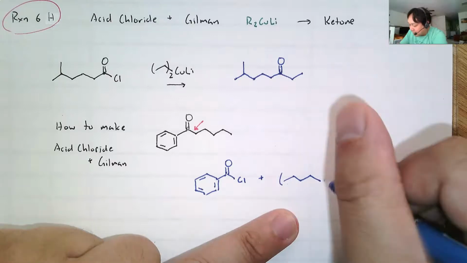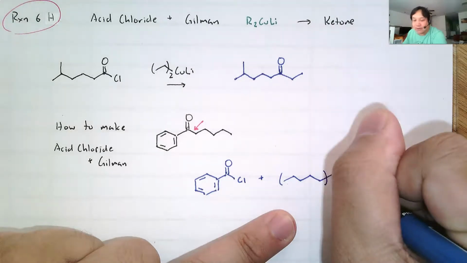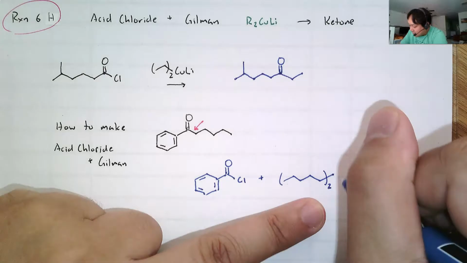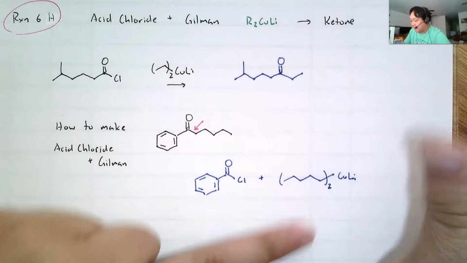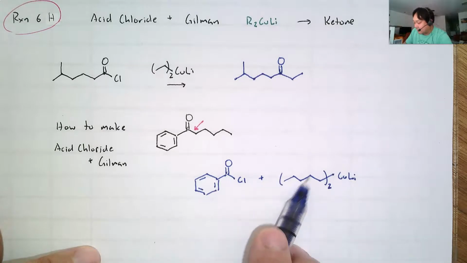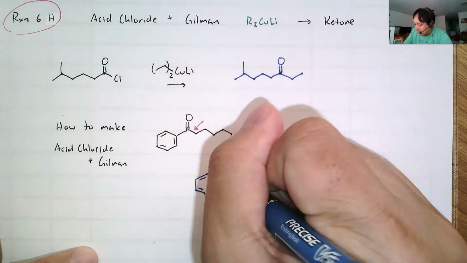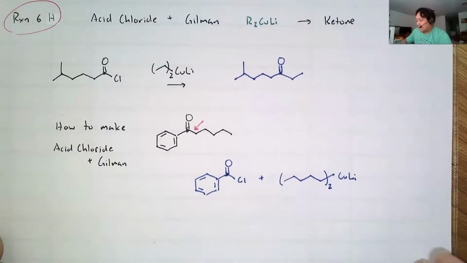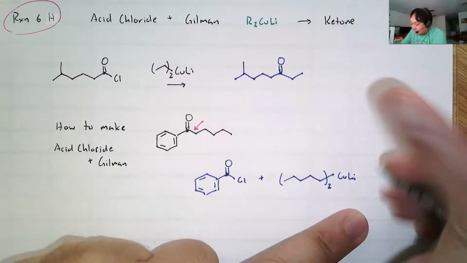You have to draw the parentheses and extend out of the parentheses. That should give us a good Gilman reagent to add these 5 carbons. 1, 2, 3, 4, 5. Adding to this dot. Okay, that's good. We could do that.